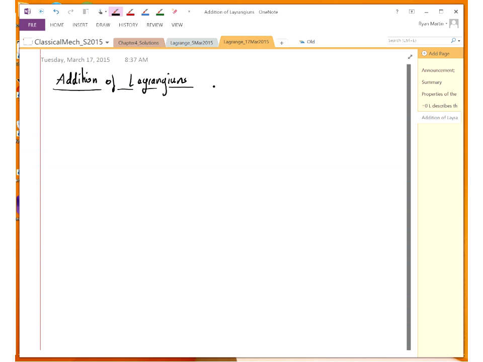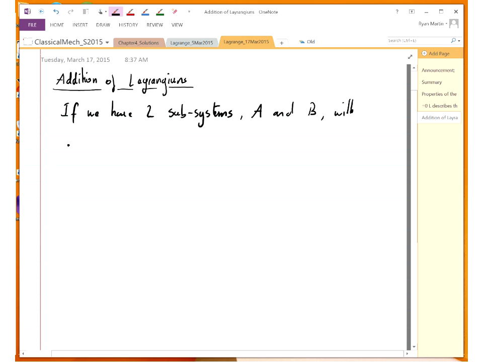So let's say that we have two systems, System A and System B. Let's call them subsystems. So we have two systems A and B with Lagrangians for each system that we'll call LA and LB.